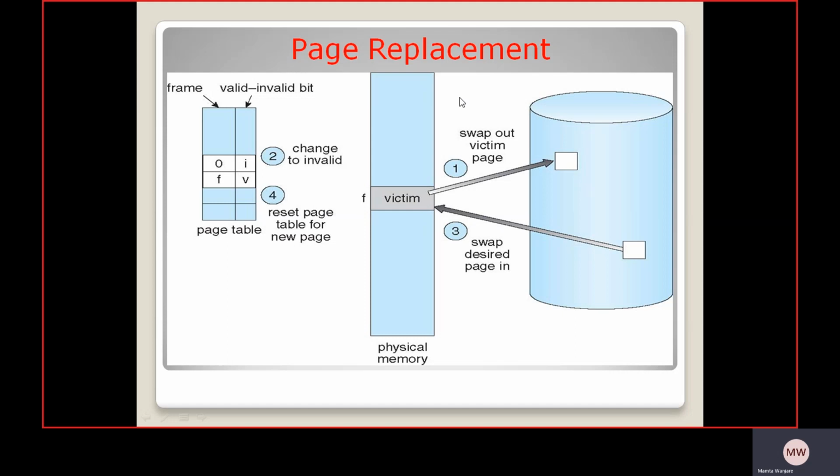In the page replacement diagram, the page table is there, the victim page is there, and physical memory, that is the RAM, and secondary storage. Swap the desired page in to the physical memory and swap the victim page out to secondary memory.